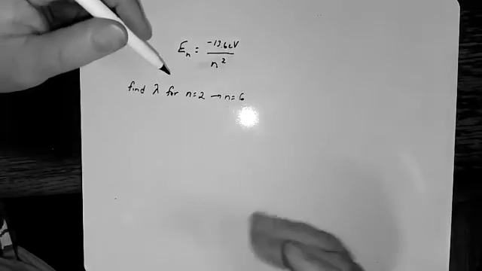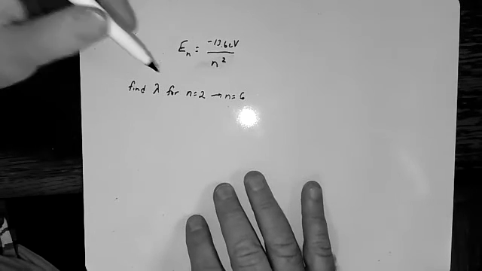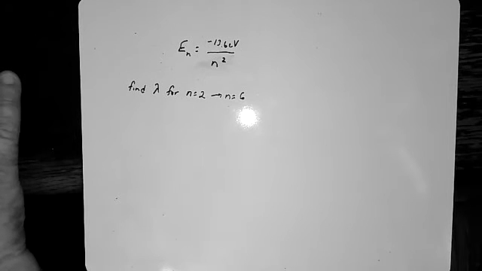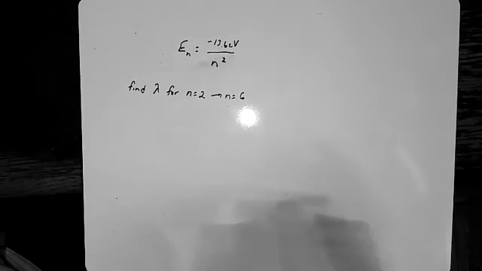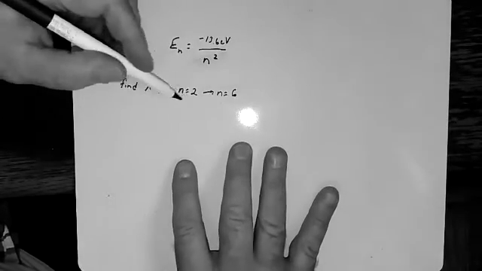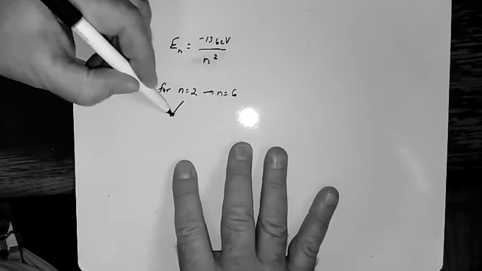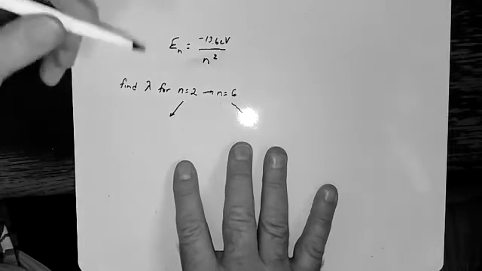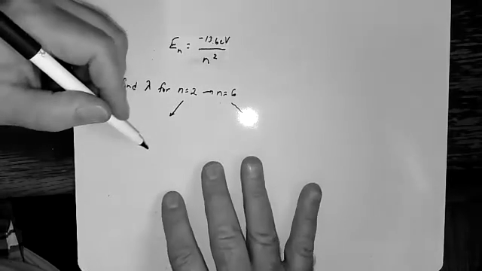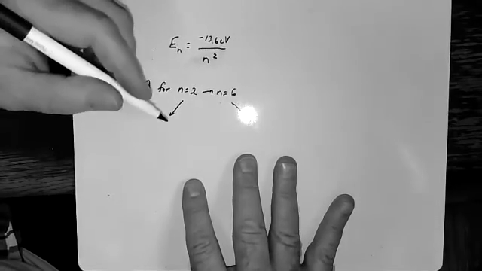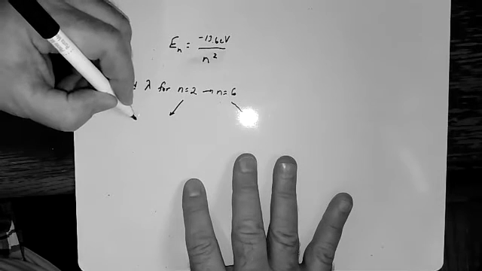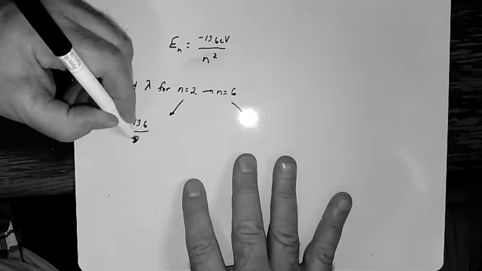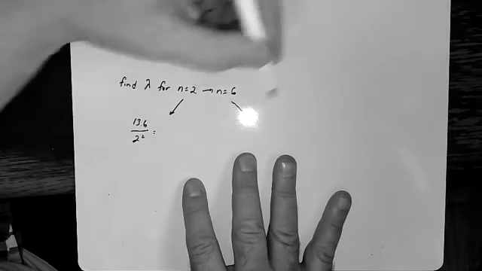All right, so the way I recommend doing this is that you calculate them separately. So we'll take this in pieces. We'll go this way for n equals 2, and we'll go this way. And let's put the minus sign off to the side for a second, because we can deal with that later. So that makes this not so bad. So 13.6 divided by 2 squared, and again, this is in electron volts.